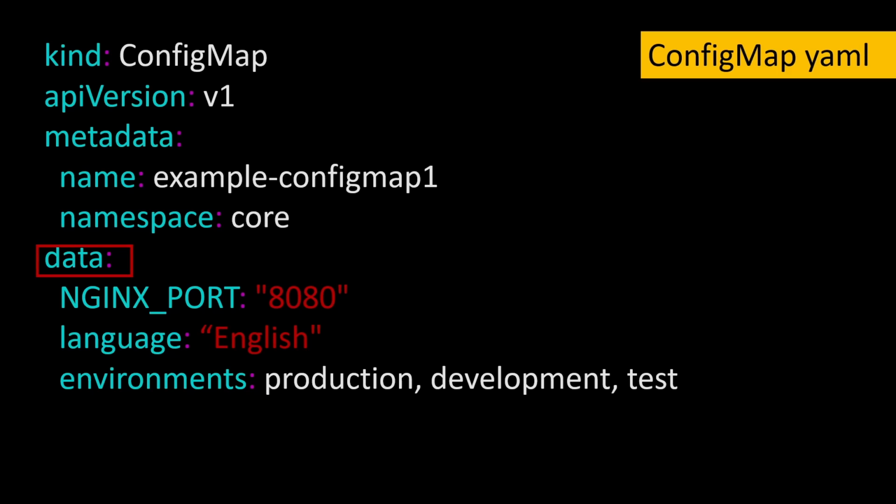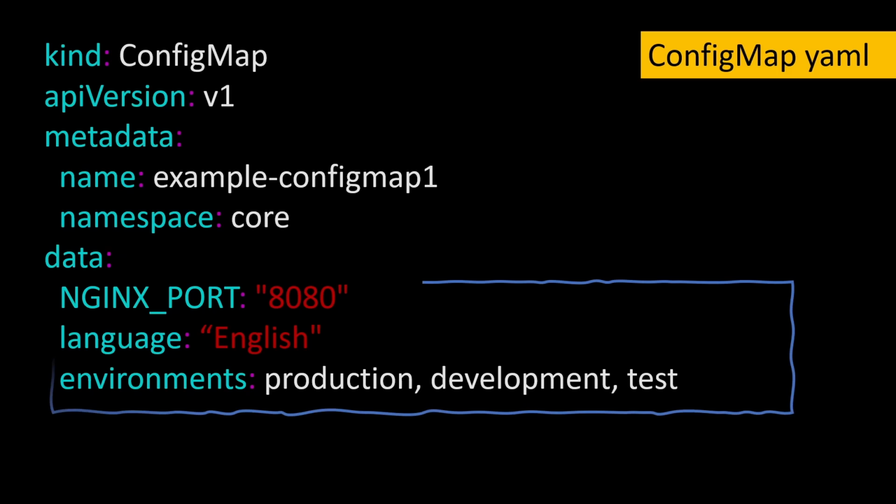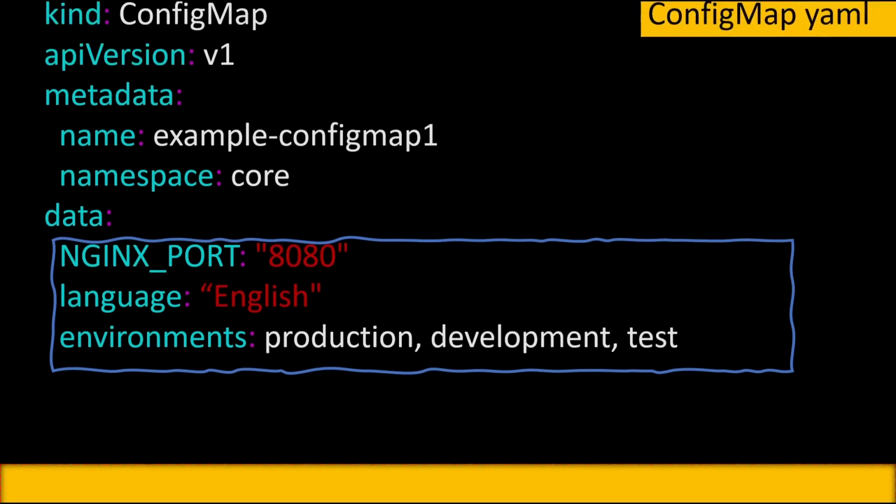However, for other objects, we always have a spec section. Inside this data section, we have added three variables. Remember the key value pair. Nginx port is a key and 8080 is the value. Same as that, language is a key and the value of this key is English. In the last variable, we have defined more than one value separated by commas.